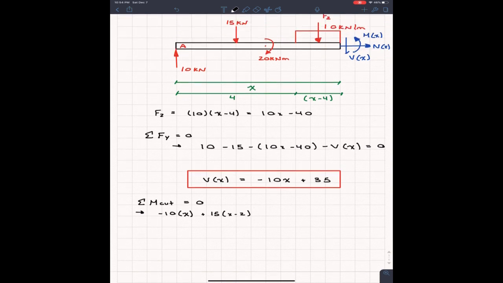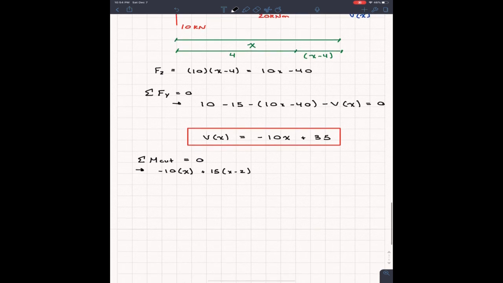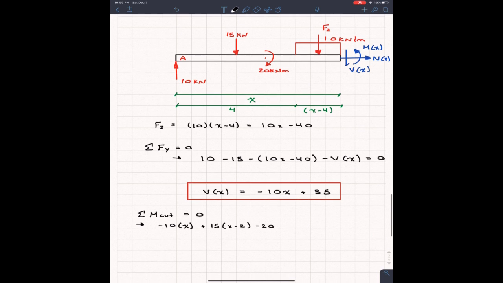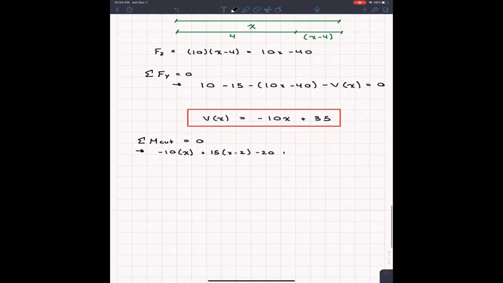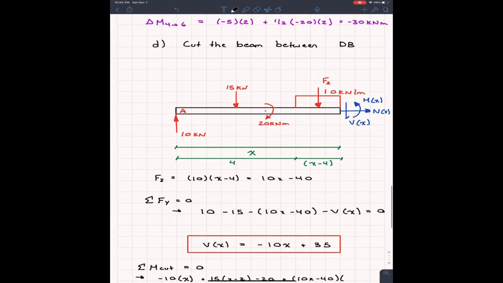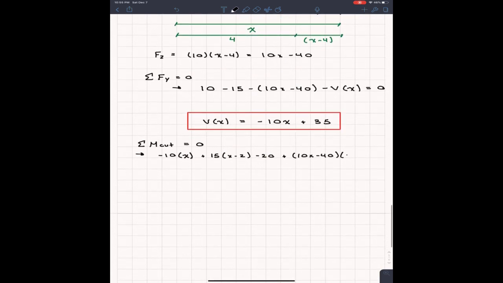We have the 20 kilonewton meters, which is just the concentrated moment, so minus 20. Now this is where things start to get a little bit messy, because we have F2 creating a positive moment, so we go plus, and we know F2 is equal to 10x minus 40. But the distance from F2 to the cut is actually right here, so it's going to be x minus 4 divided by 2.